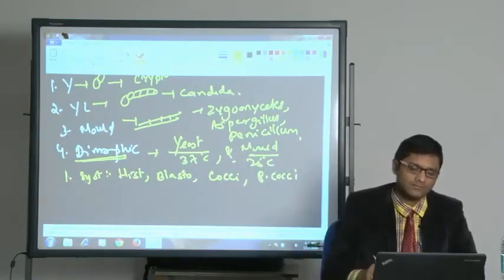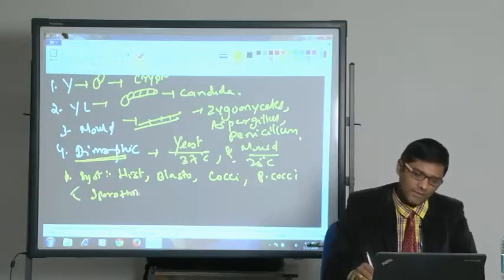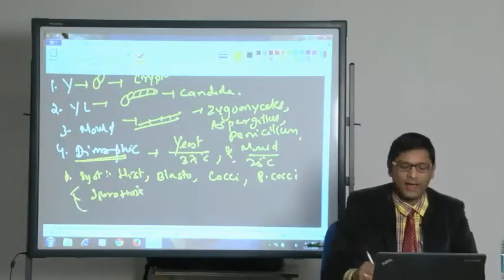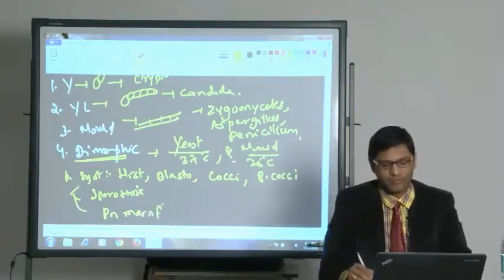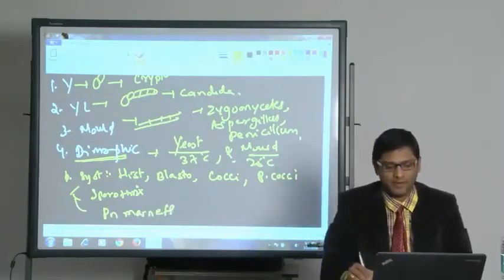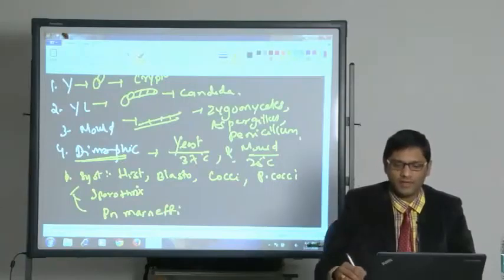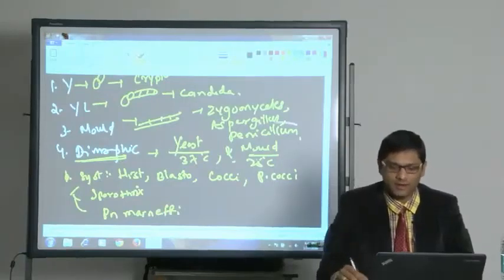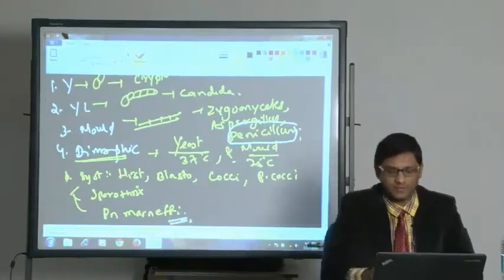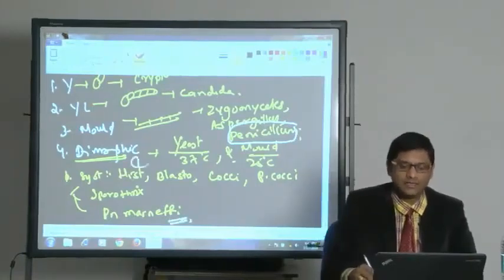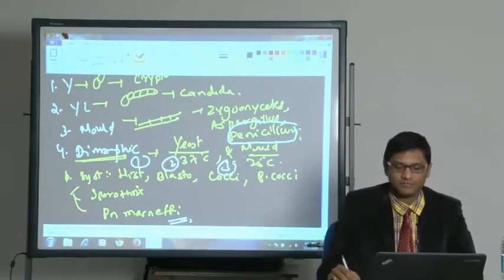Apart from that, Sporothrix schenckii and Penicillium marneffei. See, Penicillium as such is what? Mold. But Penicillium marneffei is an example of dimorphic. So total 6 examples of dimorphic fungus.